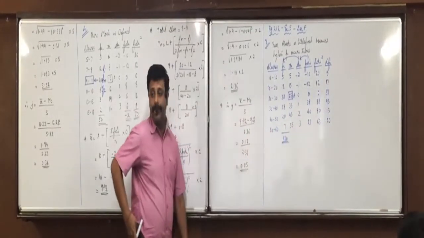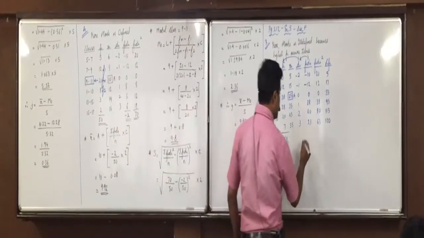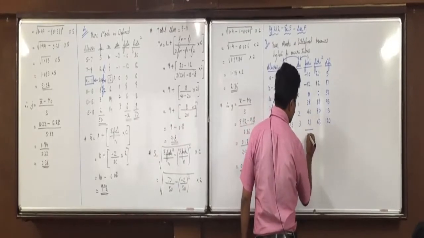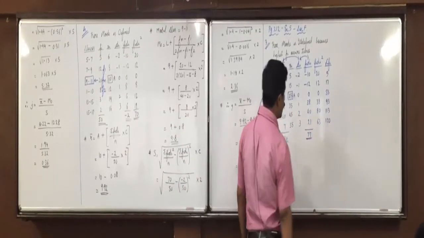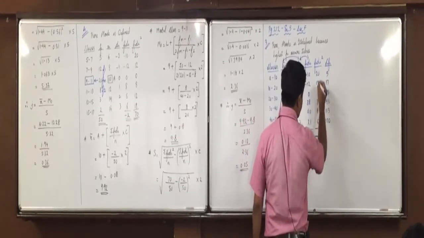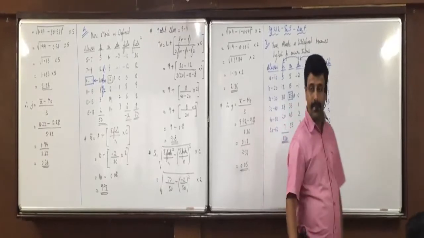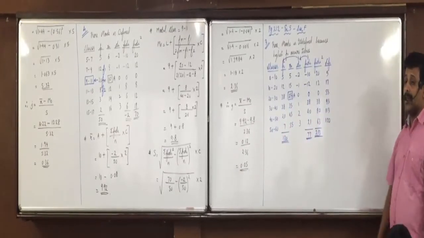All up there? 77, is it the total of fi di? Yes. And fi di square 213. Okay, did everyone complete the workings?